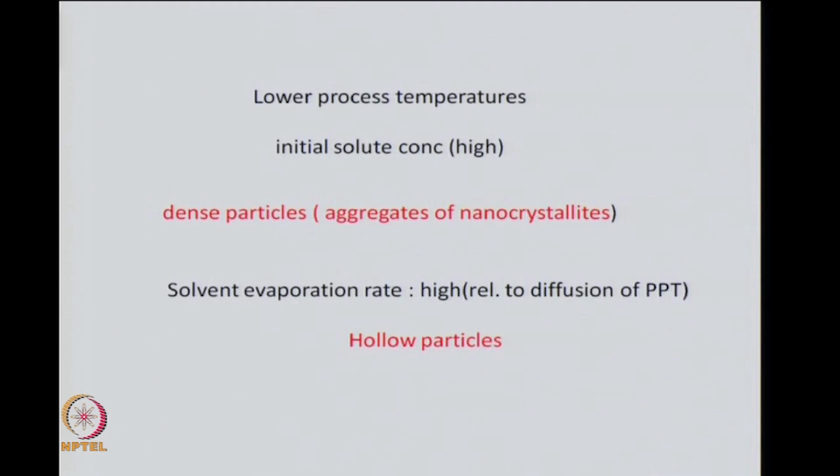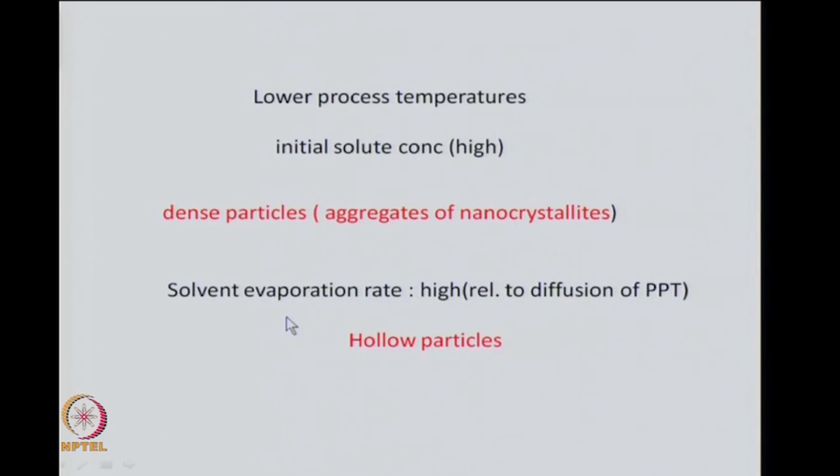Now, in general, if you want to make some conclusions of what we discussed just now, you can see that with lower process temperature and high initial concentration, you will get dense particles. That means the nanocrystallites will aggregate.